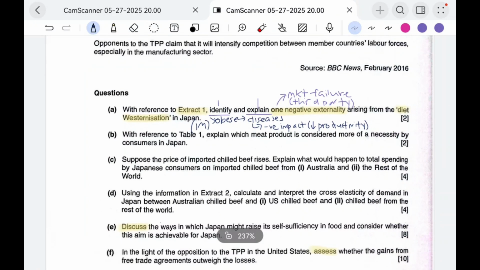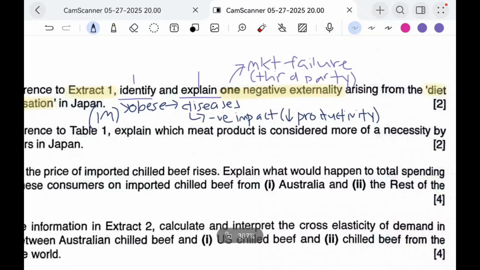Okay, then your other mark. There's a little space constraint, but I will try to indicate the different points in different colors. So for the other mark to explain, you can talk about when the person is ill, sick, the person needs to take more sick leave, and also will be weaker.